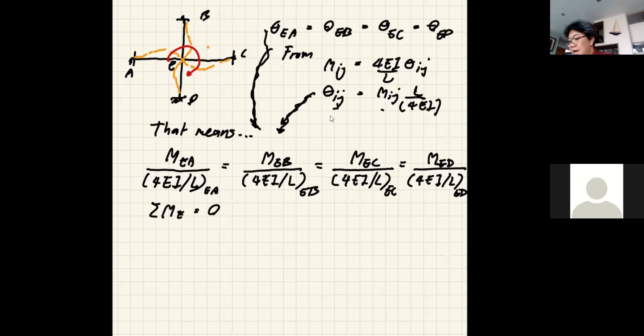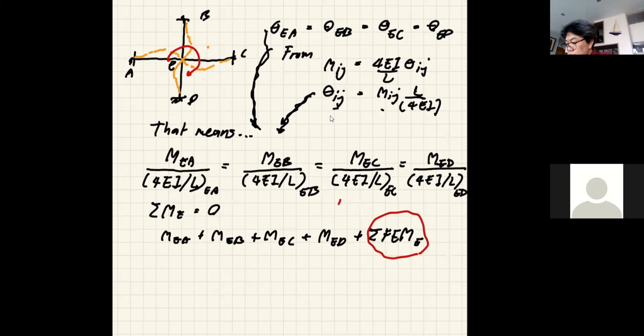That must be true, and that means I can write down MEA plus MEB plus MEC plus MED plus sigma fixed end moment, the total fixed end moment at joint E. And you should believe in superposition, right?